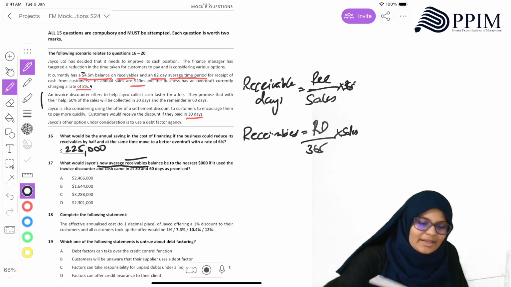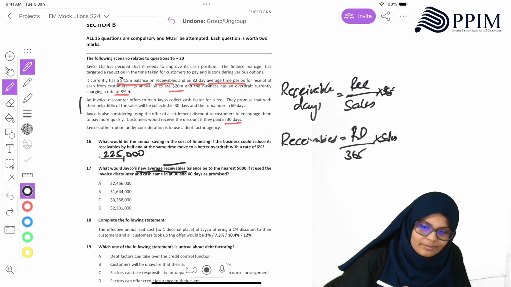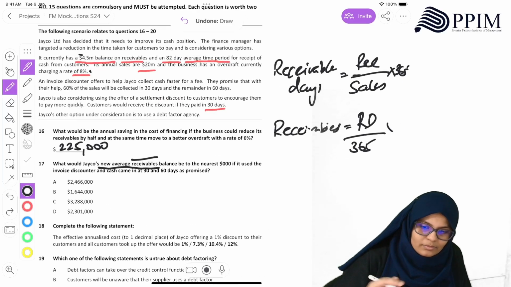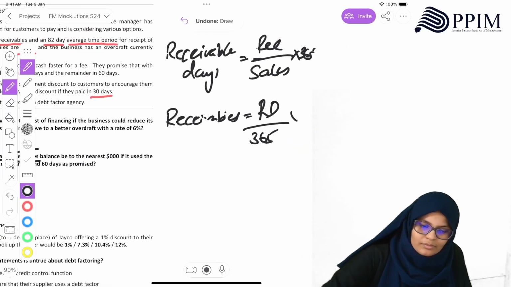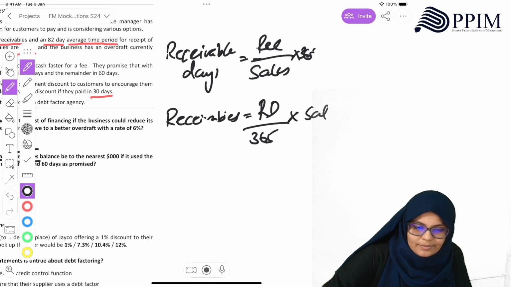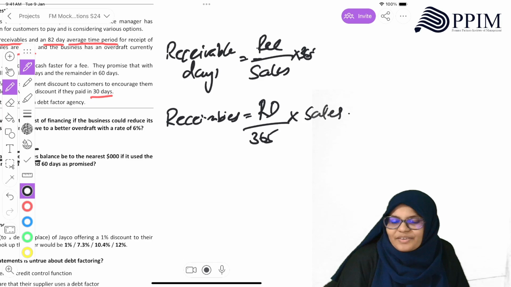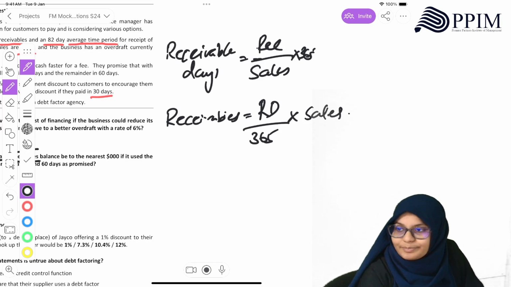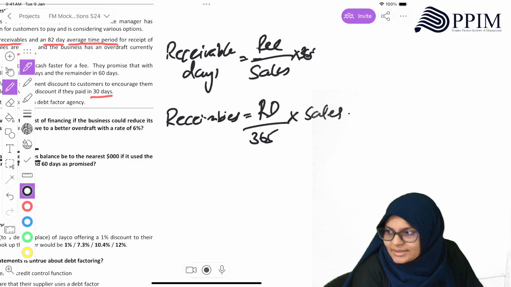Okay, so I am just rearranging the equation. Now, if I can use this equation to figure out the new receivables, that is basically my answer.